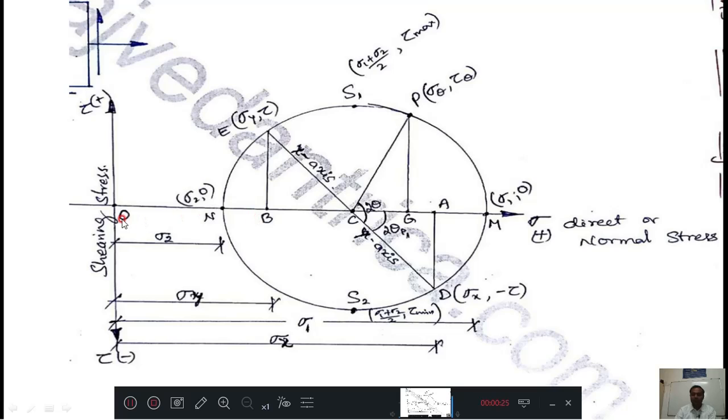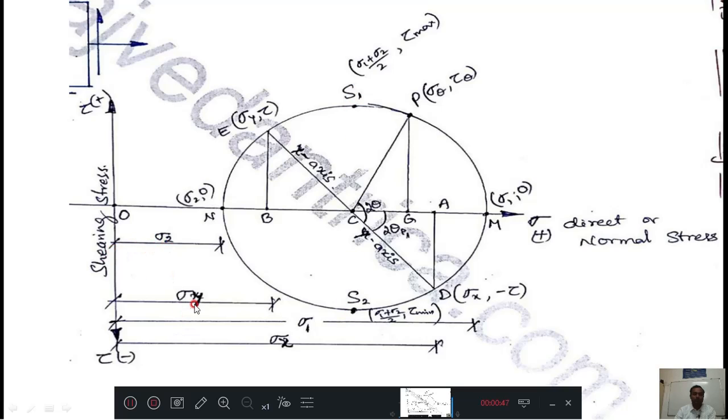Then let us go through the names. Here O is the origin, and this is N and M. The first point and last point are M and N, here are A and B, and the middle point is C. Here E point, D point, P point, and S1 and S2 are there.